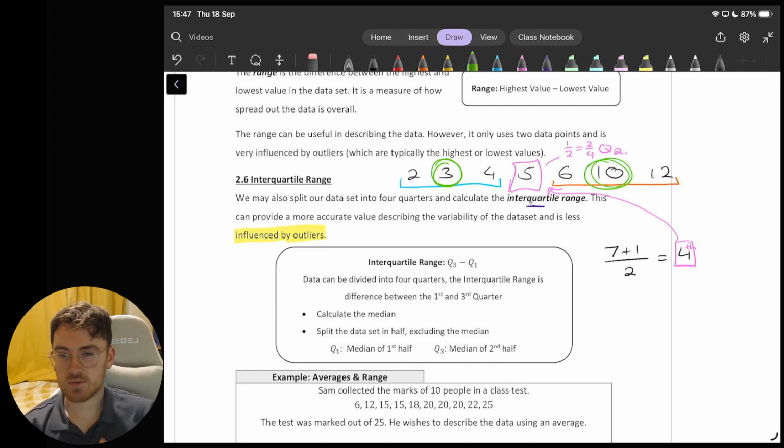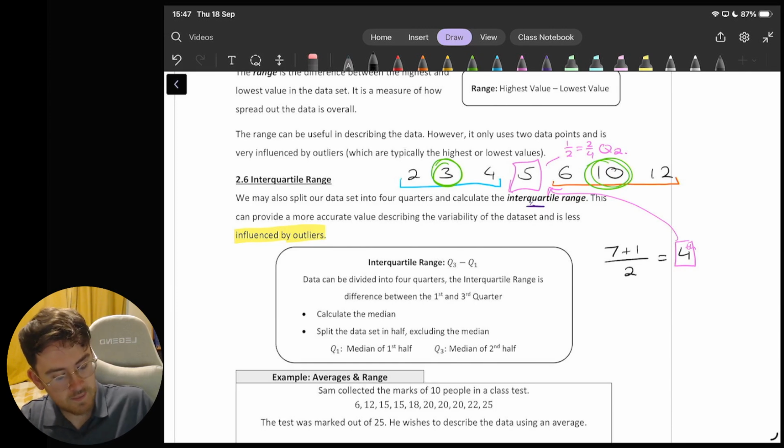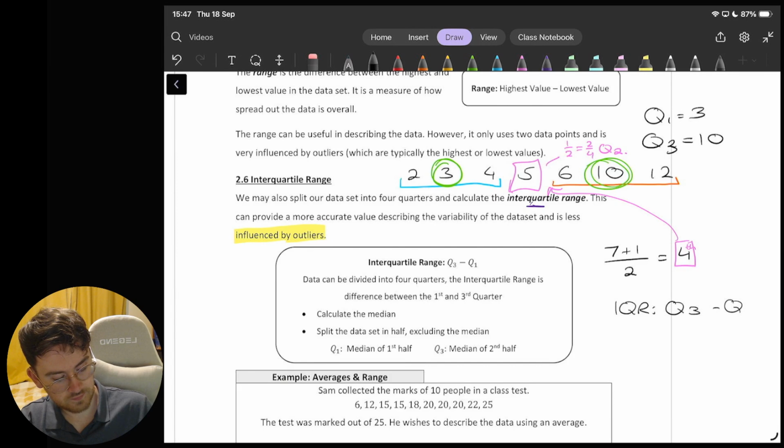That's quite useful for me here. So that means that for this data set I've written out here, Q1 is 3 and Q3 is 10. The interquartile range then comes from me subtracting those. So 10 minus 3, which is 7.